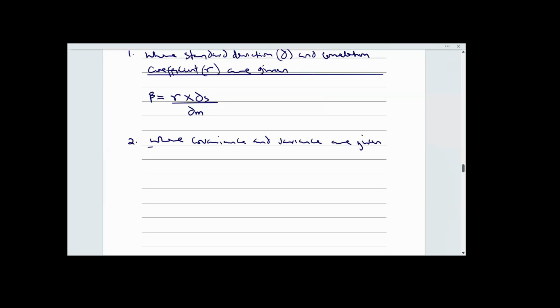So in this case, the beta value will be computed as variance of the security over variance of the market. Okay, I will explain the variables later on.